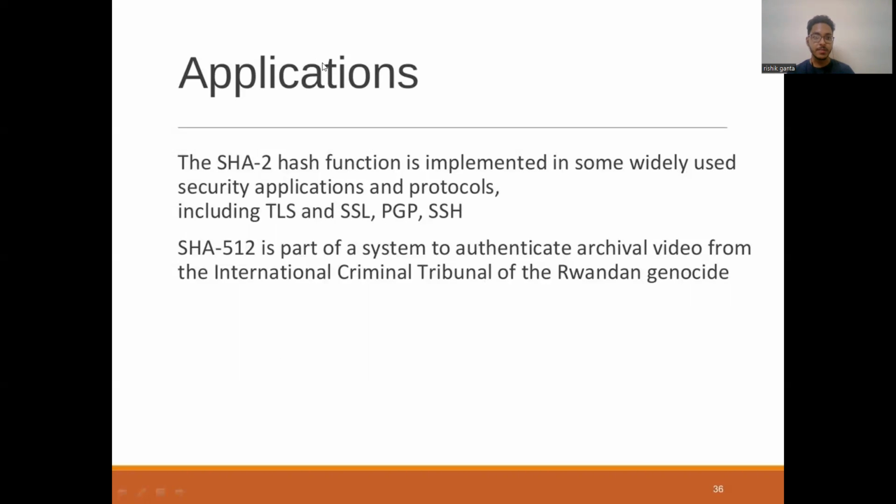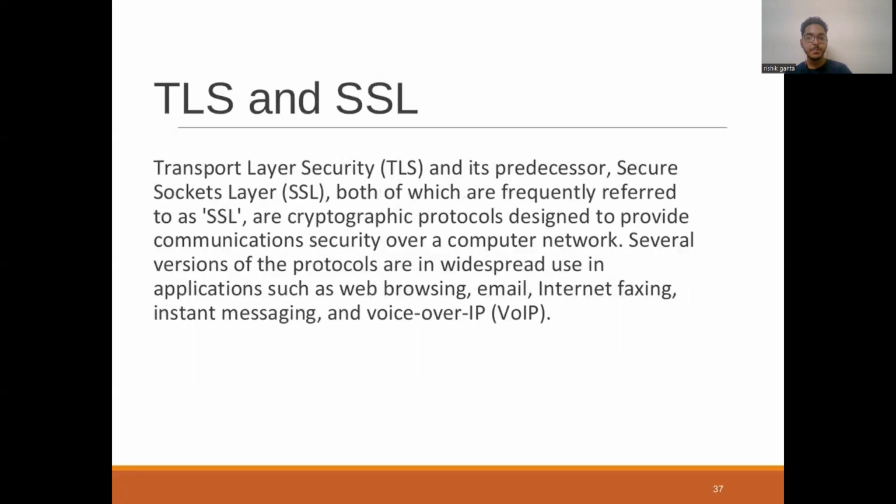Applications: the SHA-2 hash function is implemented in some widely used security applications and protocols, including TLS, SSL, PGP, and SSH. SHA-512 is a part of a system to authenticate archival video from the International Criminal Tribunal of the Rwandan genocide.